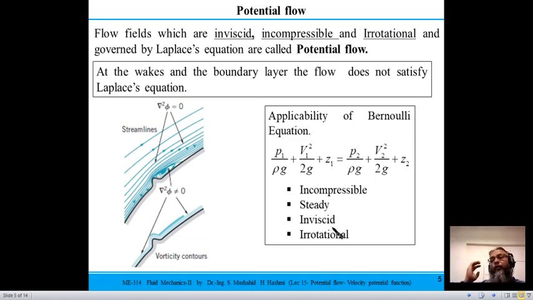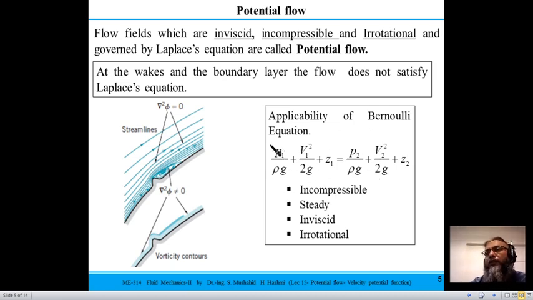So most of the problems we have solved in fluid mechanics 1 are actually potential flow problems, where you are not bothered about velocity changes even at a given section 1 or section 2. You have some average velocity and average pressure at section 1 and at section 2.